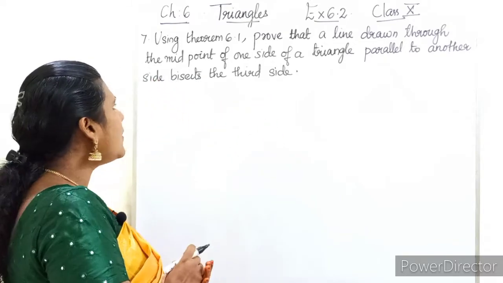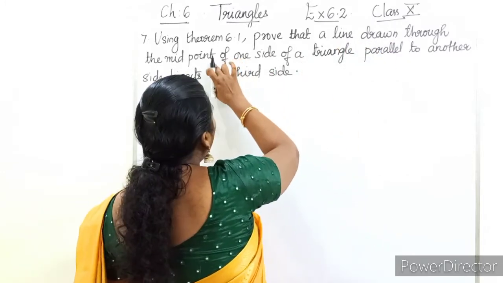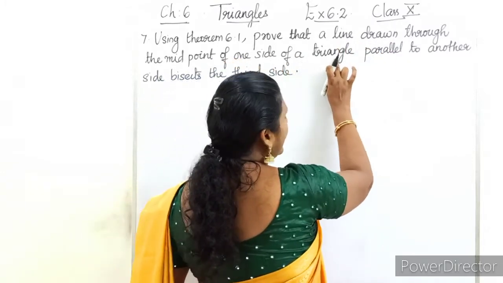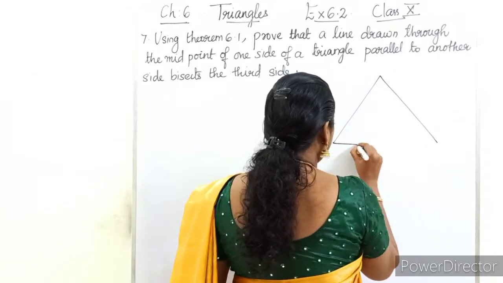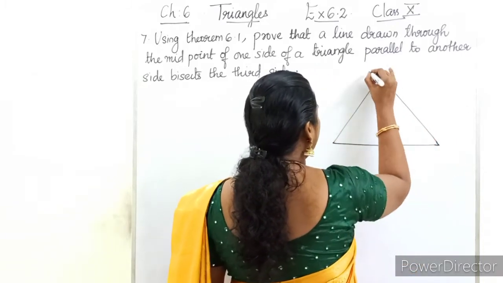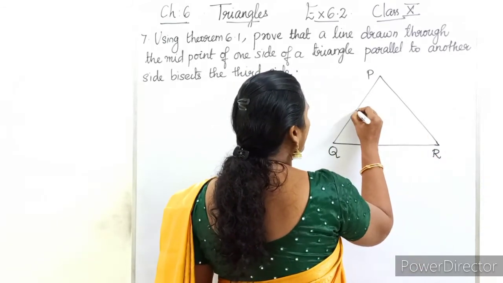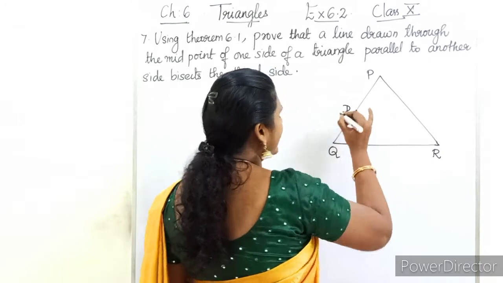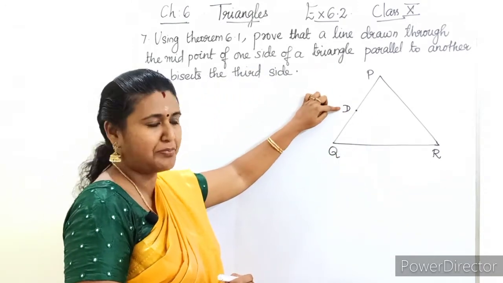So first we will draw the diagram. A line drawn through the midpoint of one side of a triangle. So first we will draw a triangle PQR, a line drawn through the midpoint of one side. So we will take the side PQ and D is the midpoint of PQ.